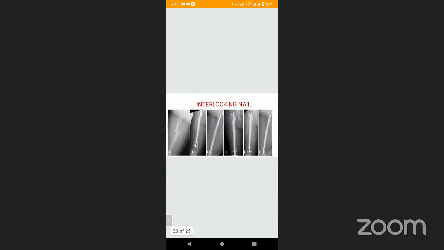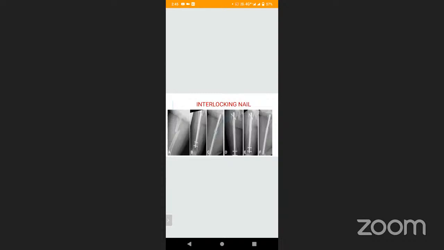What is the peculiarity of the interlocking nail? Interlocking nail is also an intramedullary device. Here we are actually locking the nail both proximally and distally by using screws, so that the nail will not move. For example, with the K nail, there is no interlocking. So what can happen? The K nail can migrate proximally.